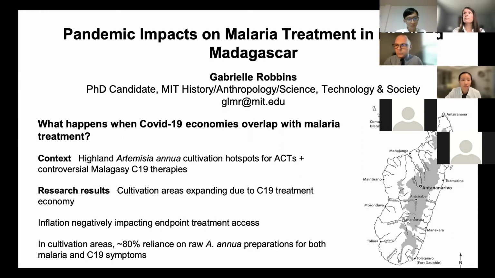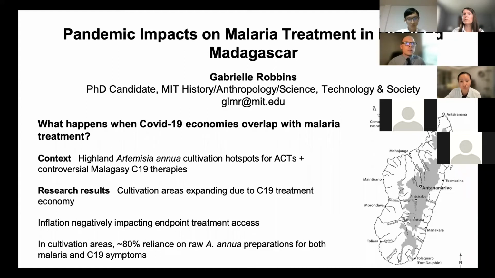This was extremely controversial, not least because the WHO expressly recommends against raw artemisia preparations to avoid spreading resistance. But cultivation throughout the highlands increased and honestly skyrocketed because of this overlap between COVID-19 and anti-malarial economies. By my estimate, there are now more than 20,000 farmers involved in artemisia cultivation throughout the highlands.